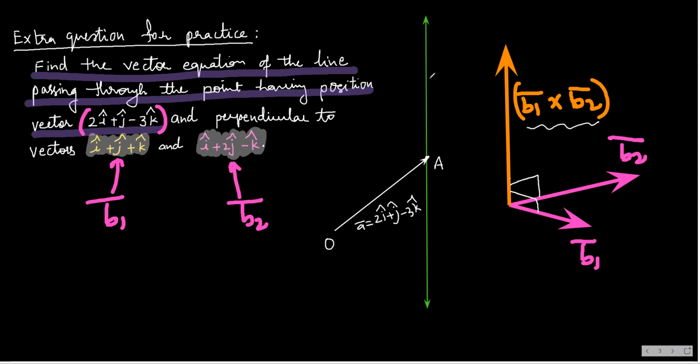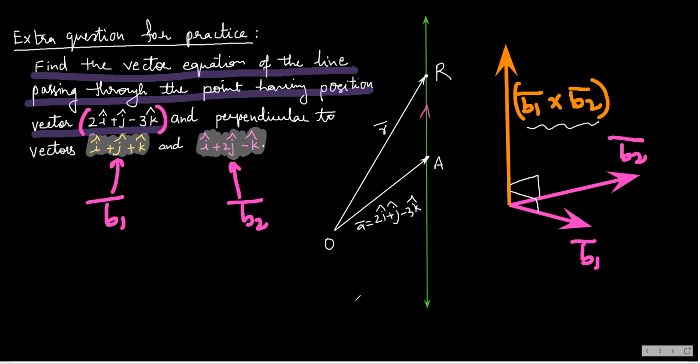So as you know, I will go for the next step. I will take a point R which is on the line, and this point R is a variable point. This is the variable position vector R bar. Now I would write that AR bar is parallel to B1 bar cross B2 bar.